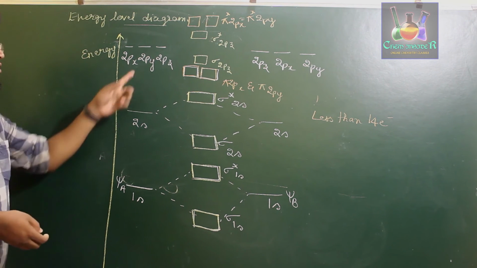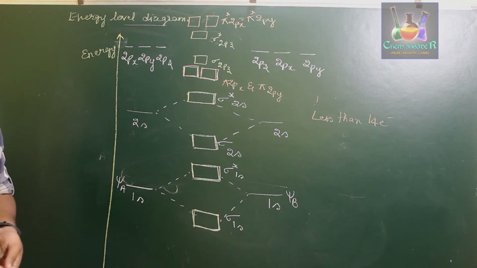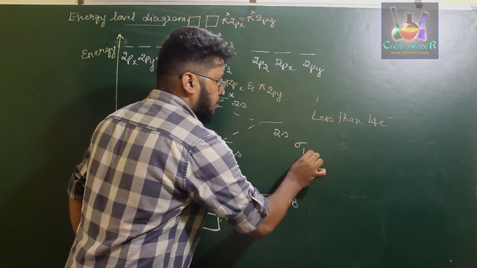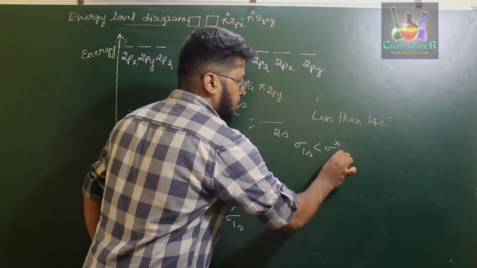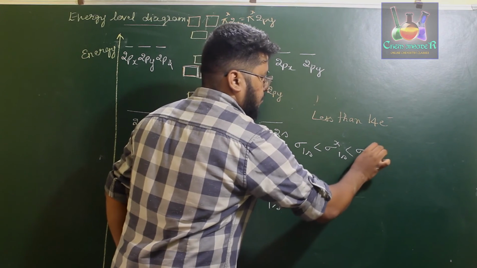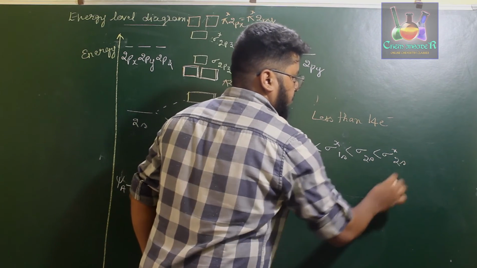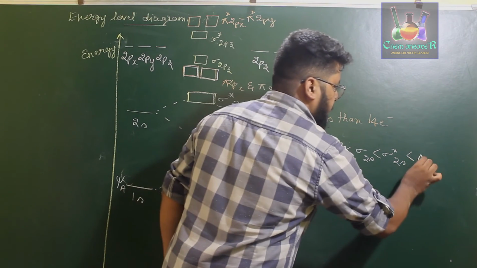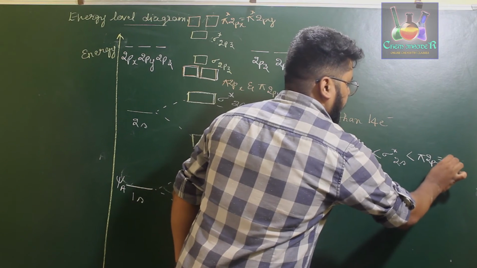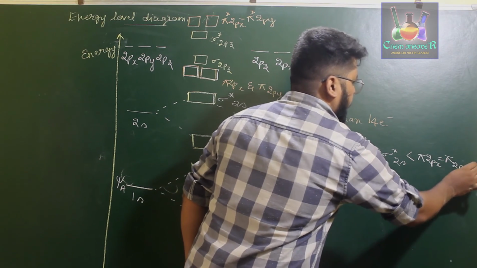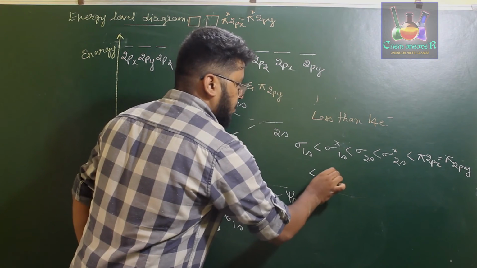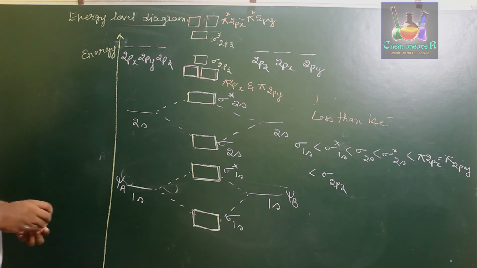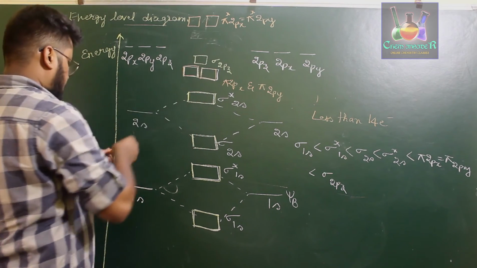If you write down the increasing order of the molecular orbital energy levels, it will be sigma 1s less than sigma star 1s, less than sigma 2s, less than sigma star 2s, less than pi 2px and pi 2py.